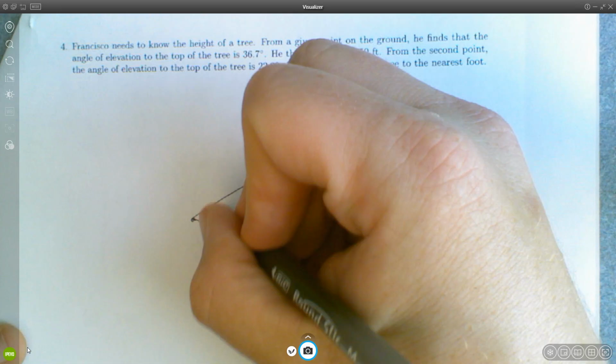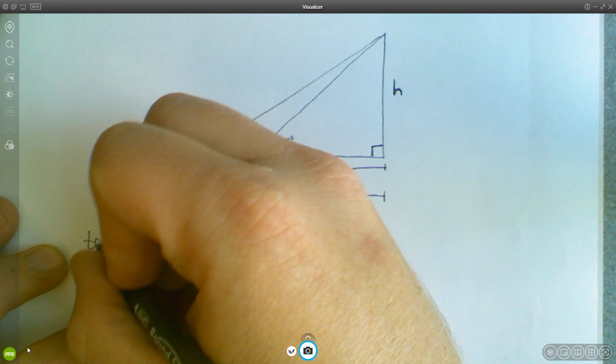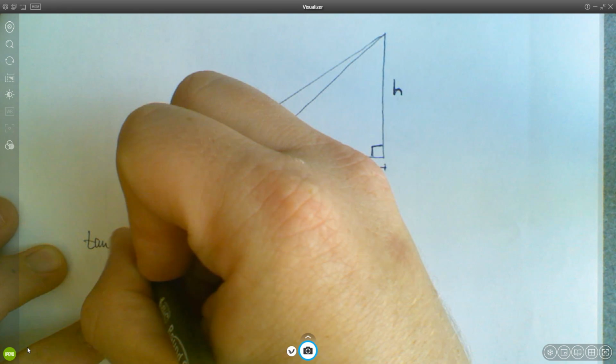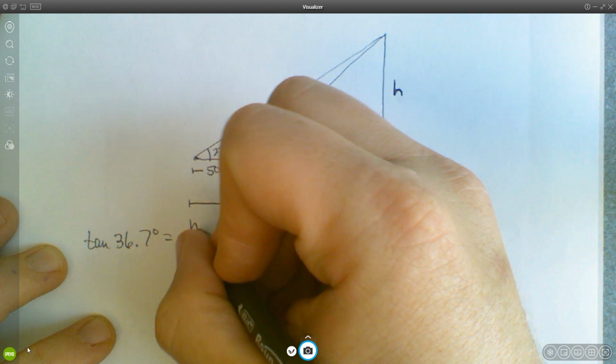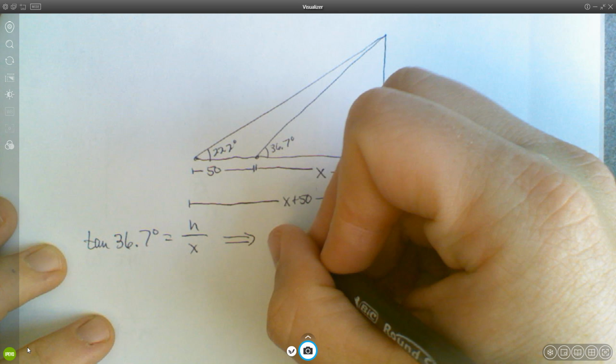That'll give me two equations that both have two unknowns. And so I can solve one of the equations for one of the unknowns and plug it into the other one. So let me show you what I mean. Starting with the first one, tangent 36.7 degrees equals h over x. And that means that h is equal to x times tangent of 36.7 degrees.